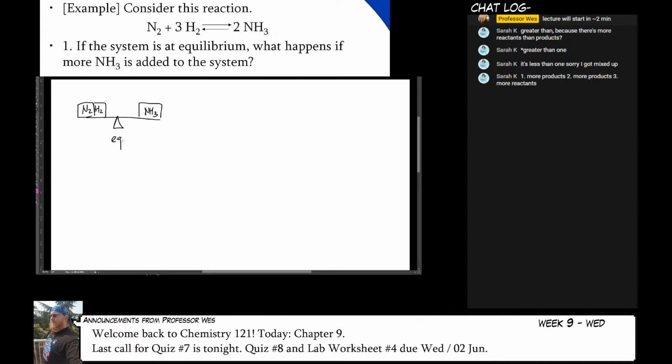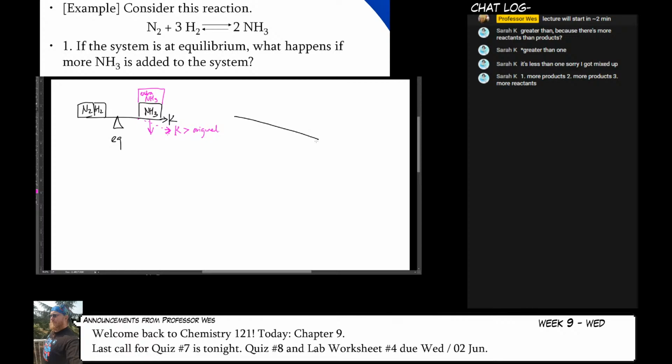So I'm at equilibrium. Now, if I add additional NH3 up here, so extra, then this side sinks. I have too many products relative to what my K should be, right? And that's no good. So what will the reaction do to fix that?